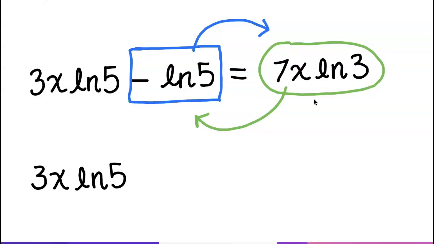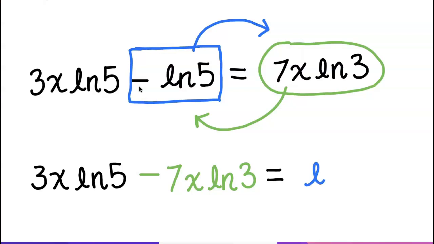But when that 7x natural log of 3 goes to the other side of the equal sign, we are subtracting it, so the positive term will now change to a negative term. So we have negative 7x natural log of 3. Draw the equal sign. Now, we used to have negative natural log of 5 on the left-hand side, but we're moving it to the other side by adding it. So the negative term will now switch to positive natural log of 5.